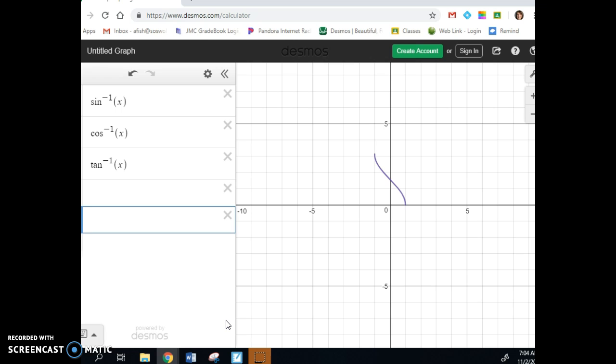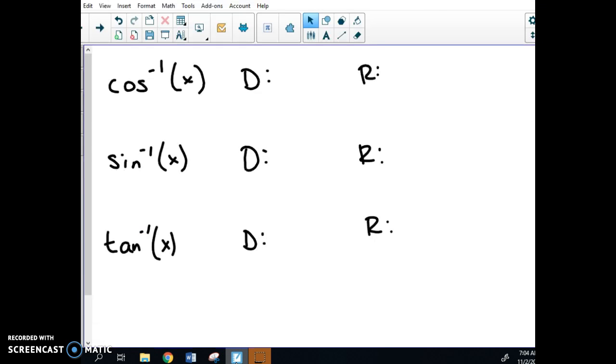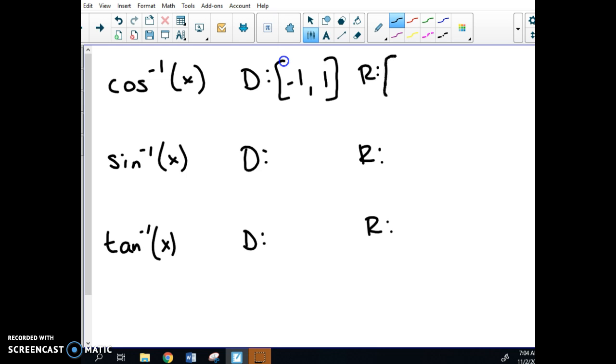We can see that it goes from -1 to 1, which makes sense because the original cosine graph goes from a minimum of -1 to a maximum of +1. So cosine here, the domain is from -1 to 1, and our range is from 0 to pi.